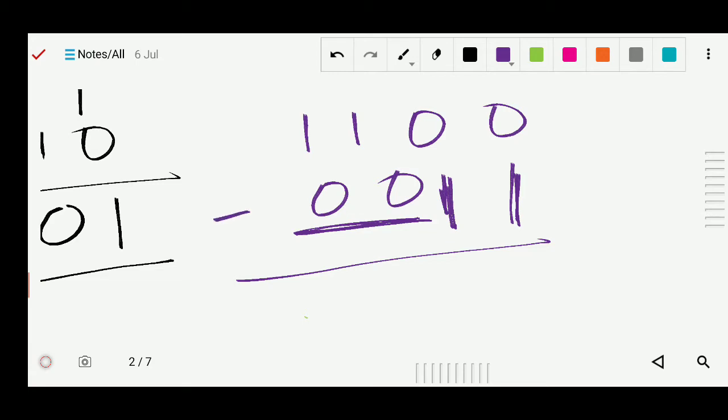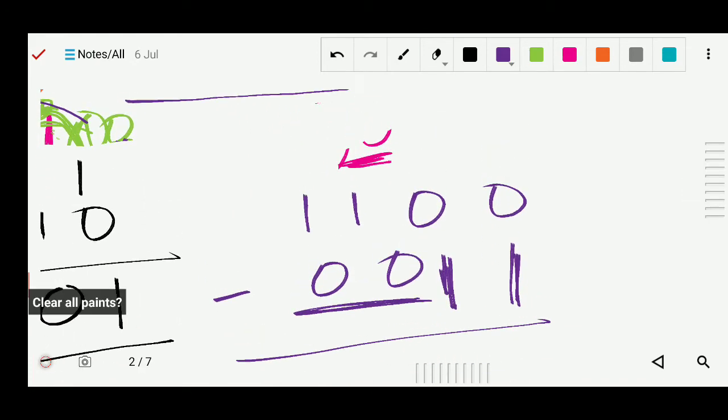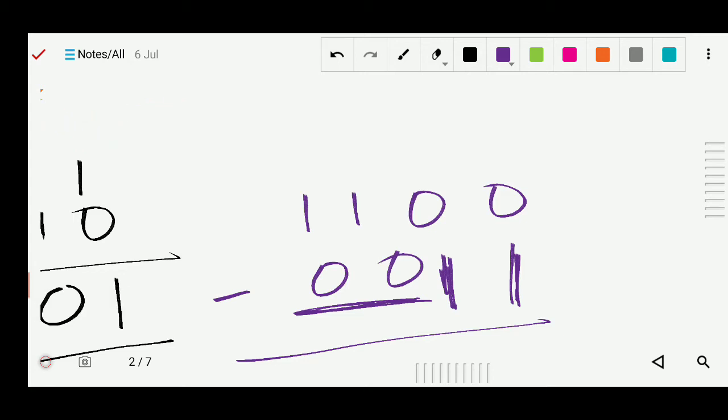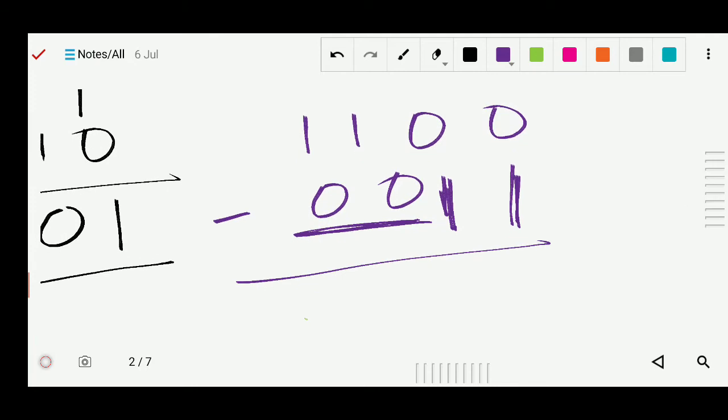Understood? First, this is a very important one, here we will take the borrow and subtract. Okay, so please see it nicely. So how will we perform these two? First of all, 0 minus 1, we cannot subtract 0 minus 1, so what will we do? For doing this 0 minus 1, we will take the borrow. So who will give the borrow? We will ask our neighbors.